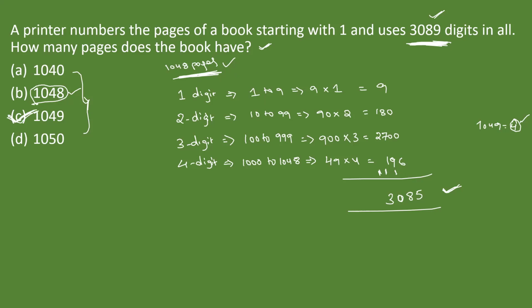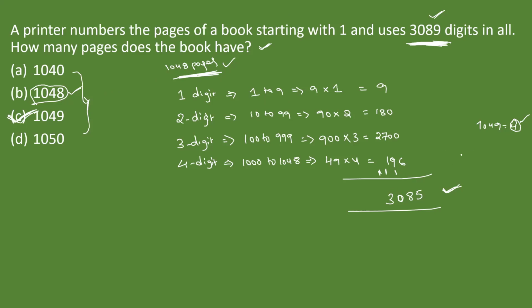See, students, actually we don't know the exact answer, but in the given options, I have taken one middle value, that is 1048, for the time being as my number of pages, and I calculated the digits. How many digits did I get here? 3085.